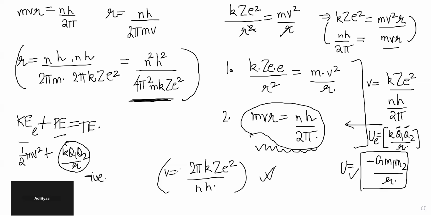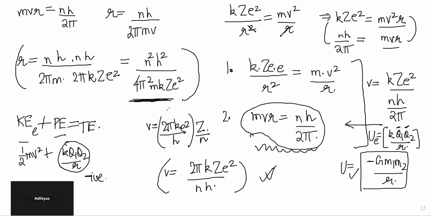Also, notice that velocity can be written like this: 2 pi k e square by h, whole thing multiplied by Z by n, right?